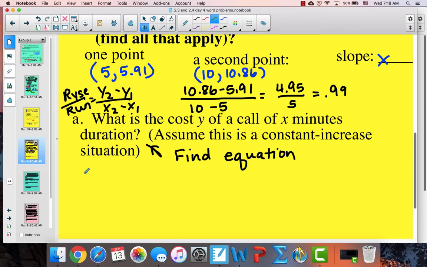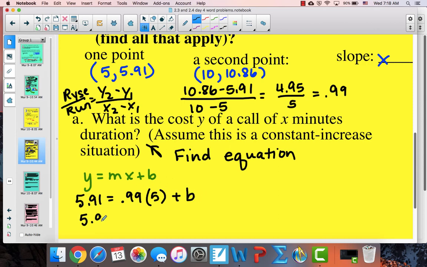If I wanted to use y equals mx plus b, I would take a point and a slope and plug it in to solve for b. So I would do 5.91 equals that 0.99 slope and the x I have from that same point, 5, and I'd solve for b.